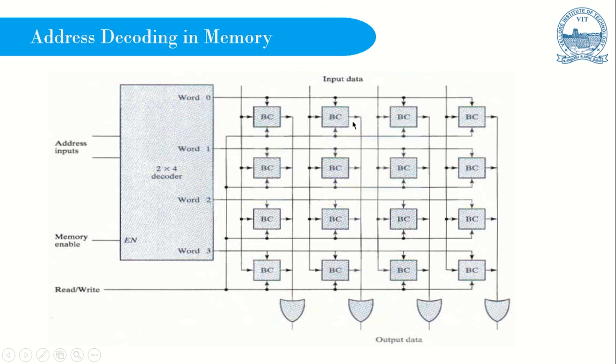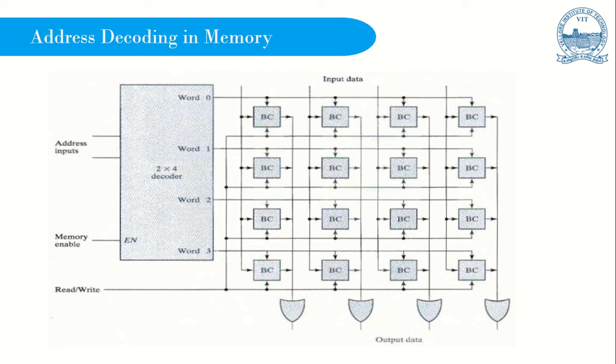Here we have a memory of 4 cross 4, means I can store 4 words with each word comprising 4 bits.